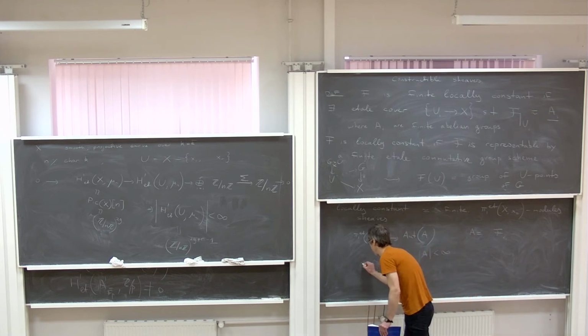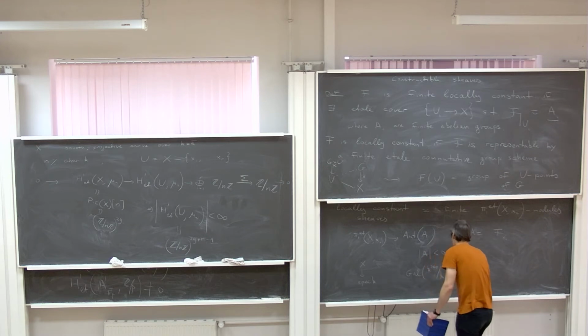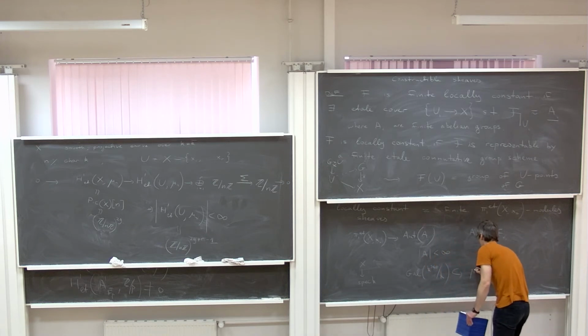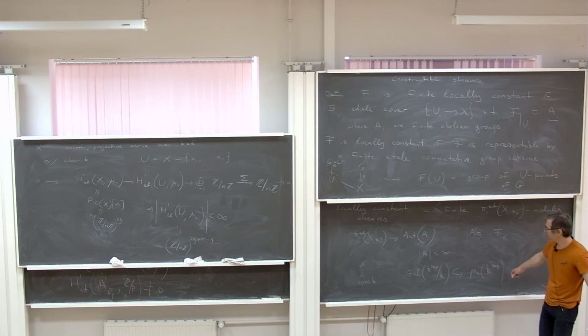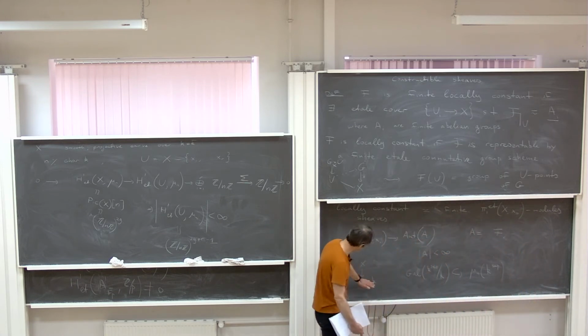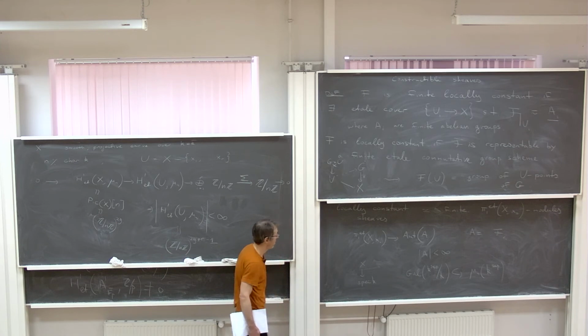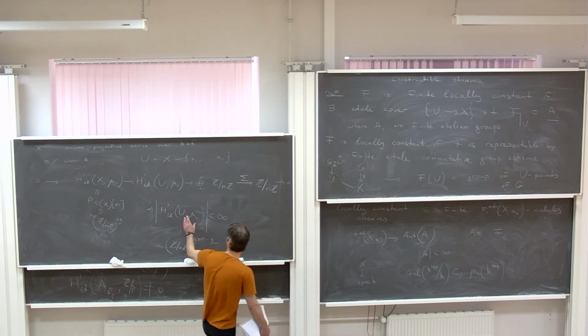So if I have X over, say, Spec K, then the Galois group of K^sep over K acts on μn(K^sep), on the group of roots of unity in this field. So this defines a local system on Spec K. And its pullback to X is what we call here μn.